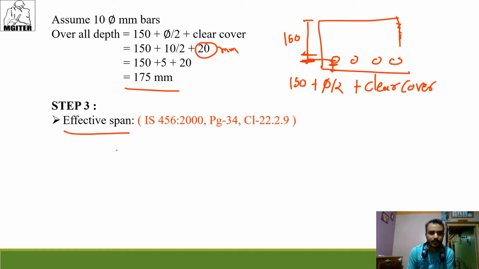Next we have to find out the effective span. For the effective span we have to follow IS 456 2000, page number 34, clause number 22.2.9.